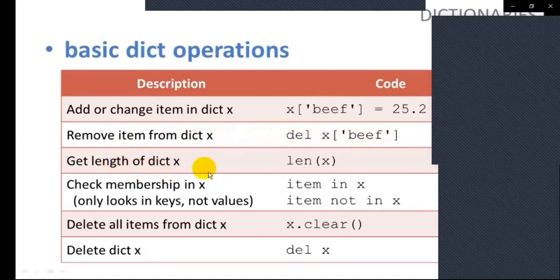Get the length of a dictionary using the len function. Check membership in x: item in x, or item not in x. This only looks in the keys. It does not compare to values. So if we want to look through values, I'll show you a way on the next slide to do that. Delete all items from dictionary x: we can say x.clear, and to delete the entire dictionary x, del x.